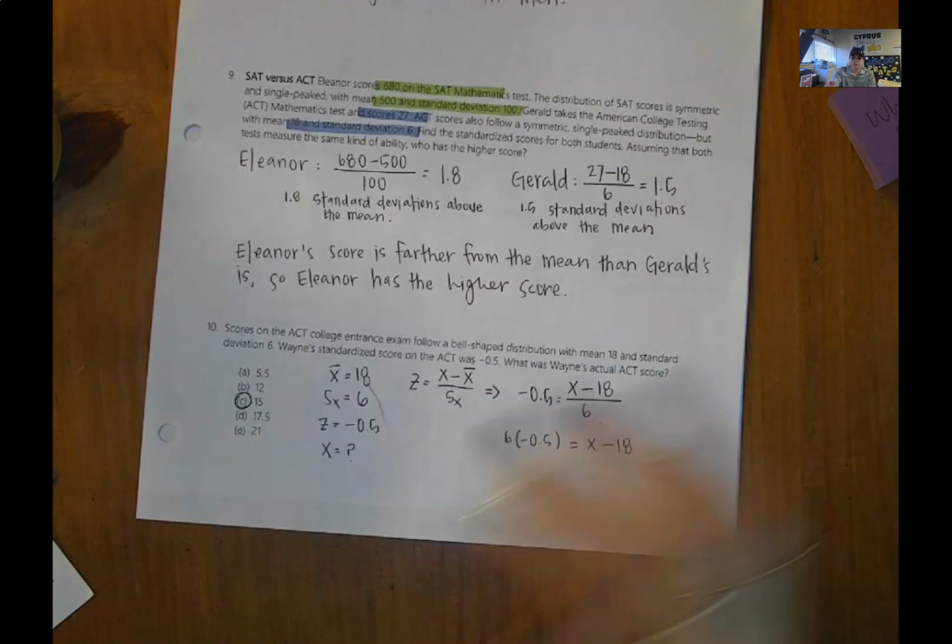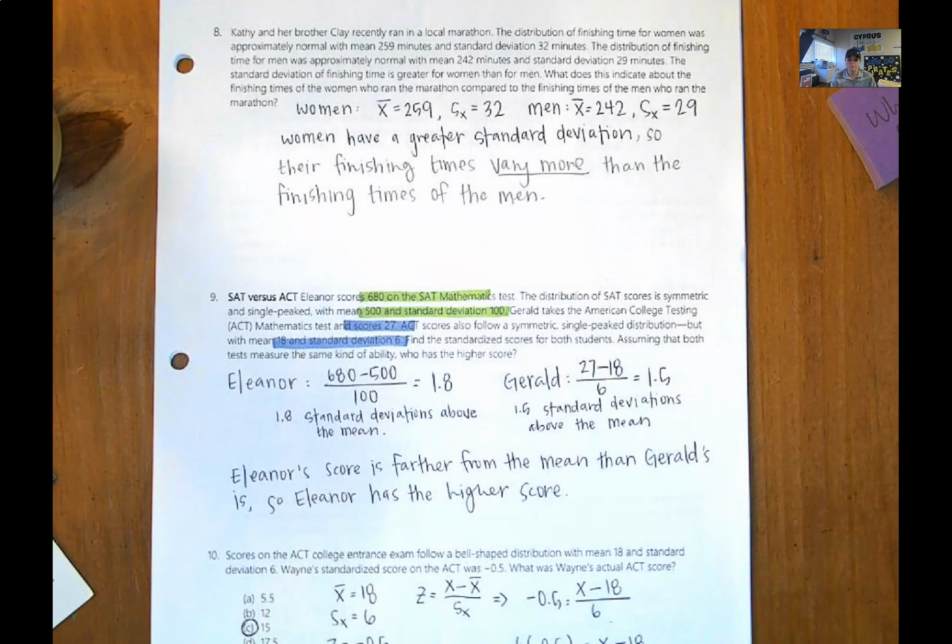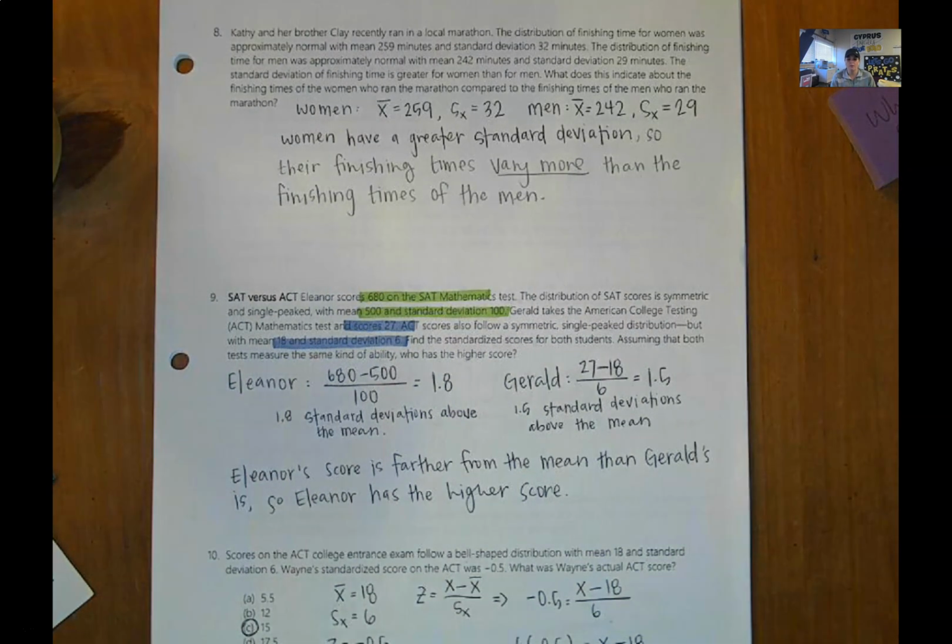8, they give you the mean and standard deviation of marathon times for women and for men. Men have a smaller standard deviation. So if we look at the mean, it took the ladies longer on average to finish the marathon. Standard deviation tells you about spread.